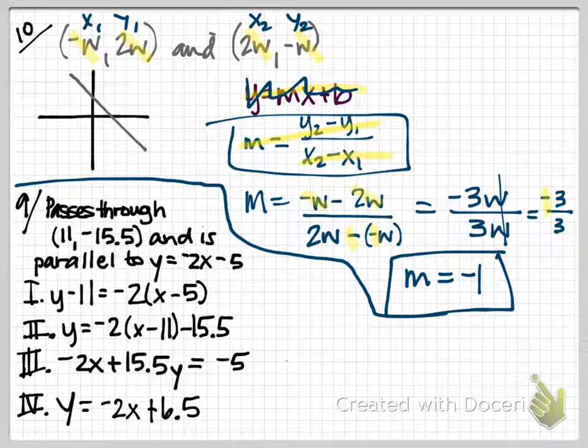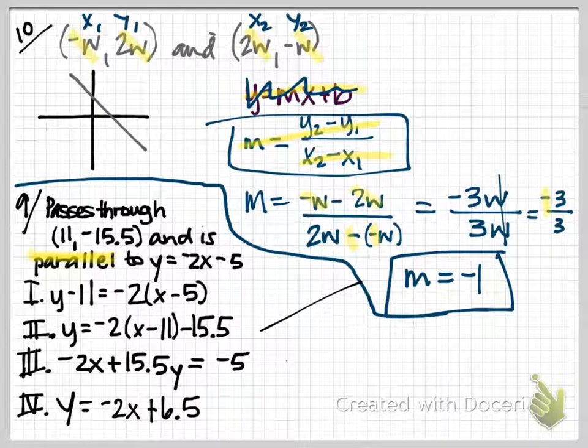Number 9 wants you to find the equations that represent a line that passes through the point (11, -15.5), and it should be parallel to the line y = -2x - 5. So a key word here is parallel. And what does it mean to have parallel lines?